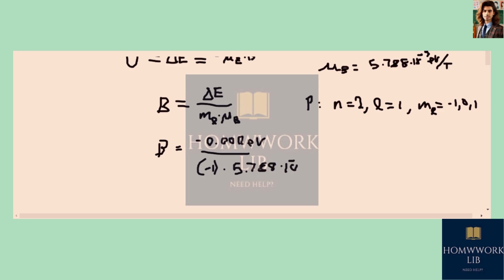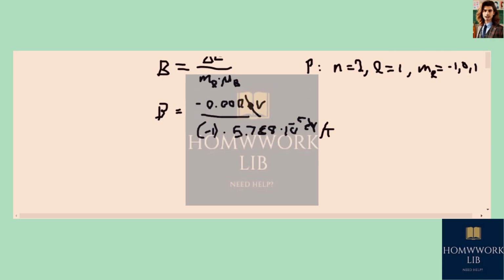We see that our units cancel quite nicely, and we will get this in terms of Teslas. Plugging that into the calculator, we end up with 2.9977 Teslas, which is just about 3. And that's our answer.